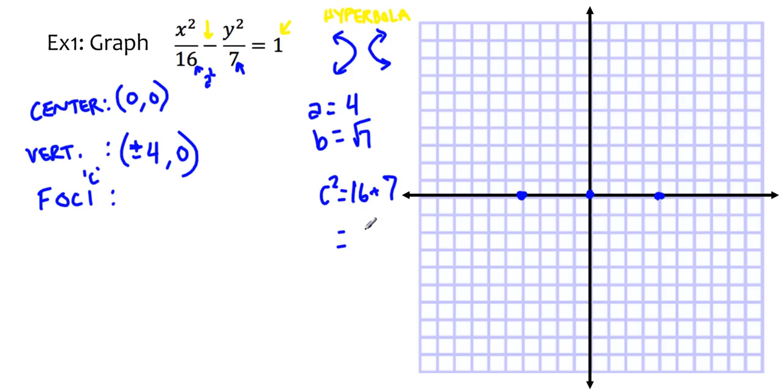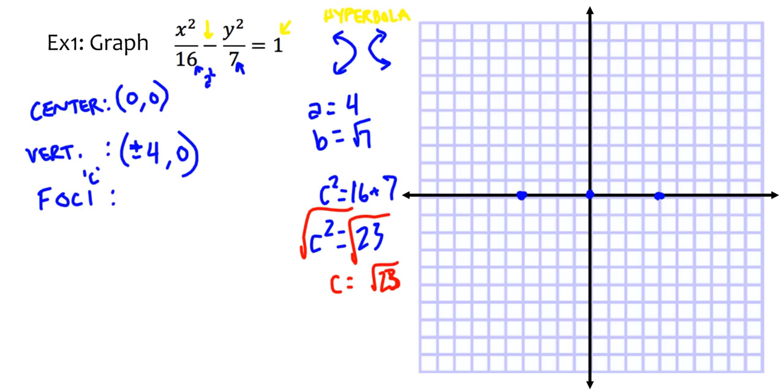That's 16 plus 7, which is 23. C squared is 23, so if we square root both sides of that, then our C value is plus or minus root 23. Since C is a length, we just want the positive, so let's get rid of that negative there.